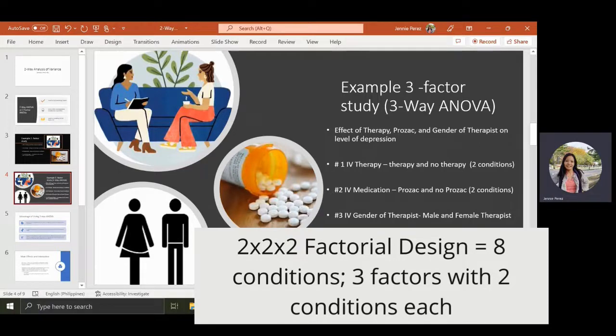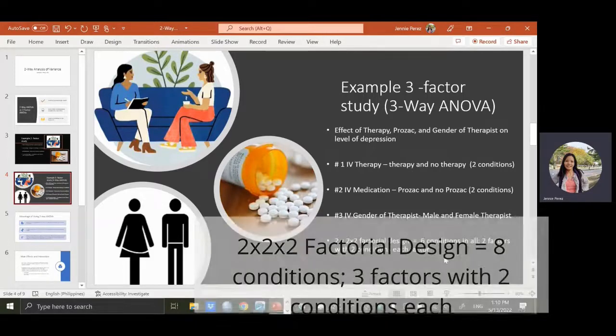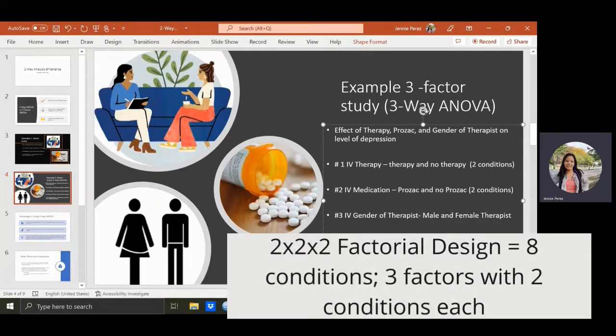So you want to know, will there be a significant difference in level of depression between clients who had therapy and no therapy, between clients who had Prozac and no Prozac, and between clients who had male and female therapists. In this design, you have a 2 by 2 by 2 factorial design, 8 conditions in all.